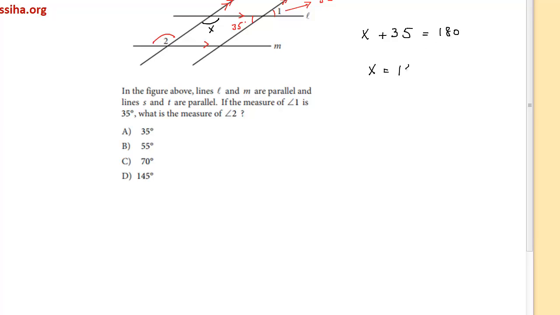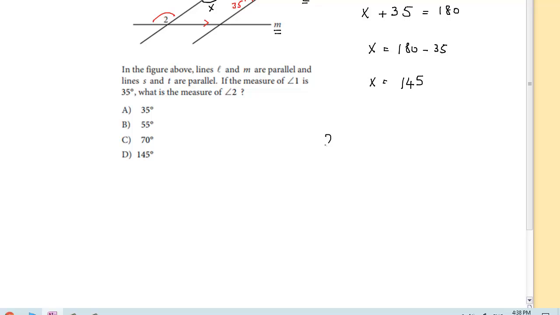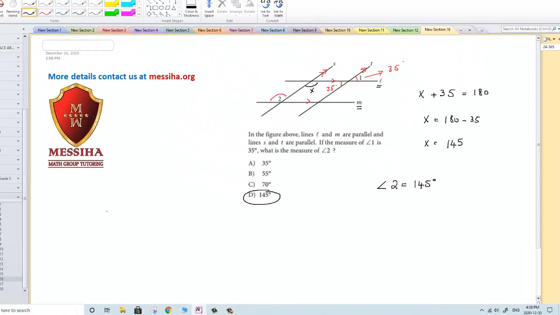That means x equals 180 minus 35, so x equals 145. Because lines L and M are parallel, this x and the angle 2 are in the position of alternate angles. So angle 2 equals 145 degrees also. That means choice D is the correct one.